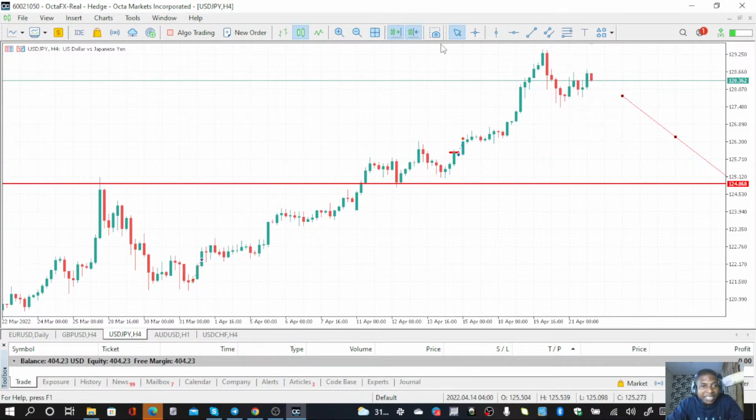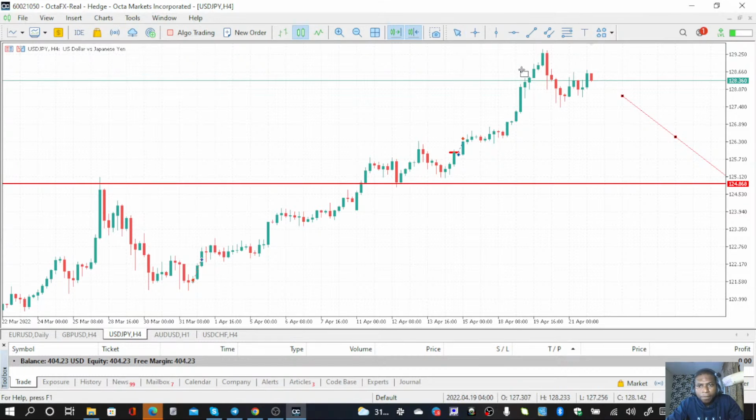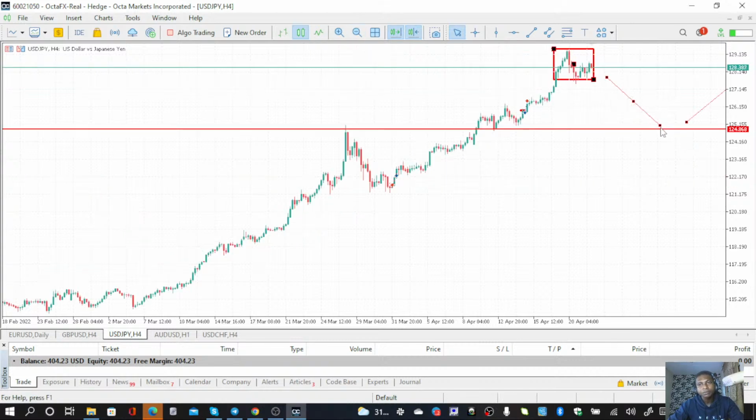Now, if you look at what is happening here, if the market breaks out of this box to the downside, we might be having a pullback, like I said on the higher time frame, before we now have the market pump up.